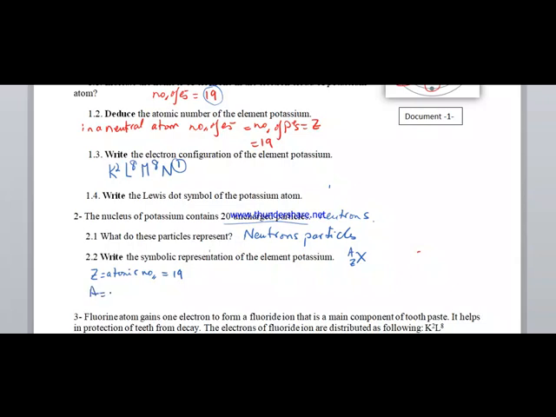A is known as the mass number, and to calculate it, A is equal to Z plus N. Z is equal to 19, N is equal to 20, so the mass number is equal to 39. So the symbolic representation of potassium is 39/19 K.